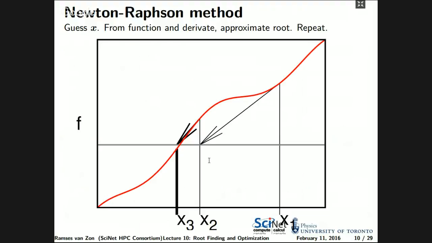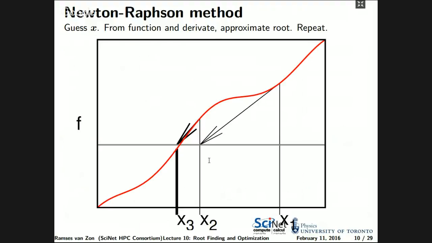If we started over here, you can imagine that you would be shooting yourself all the way to a very large negative number, where this function might well be doing something wild, like going up like crazy, and you could actually, rather than getting your error become smaller and smaller, just diverge to essentially infinity, right, if you went on. So the tangent can be quite off. Sometimes it's not a good way to get to your root.